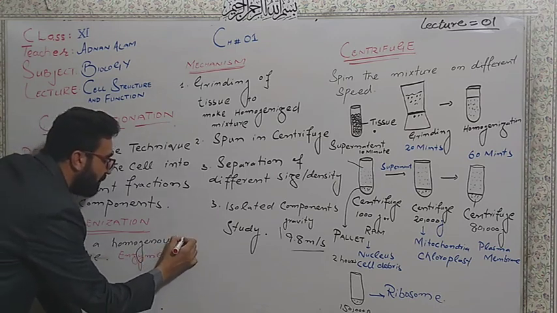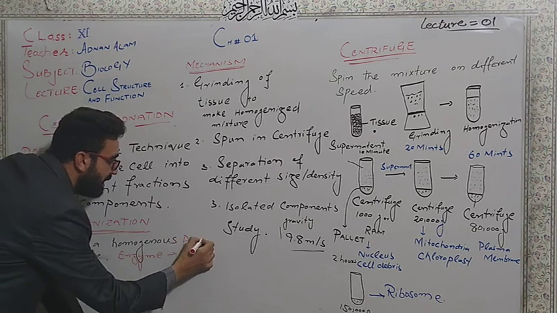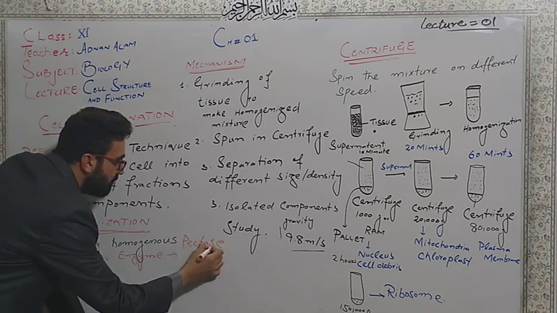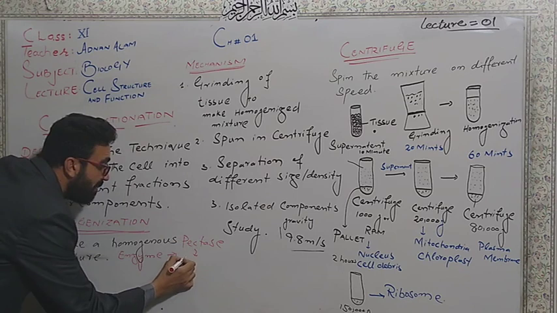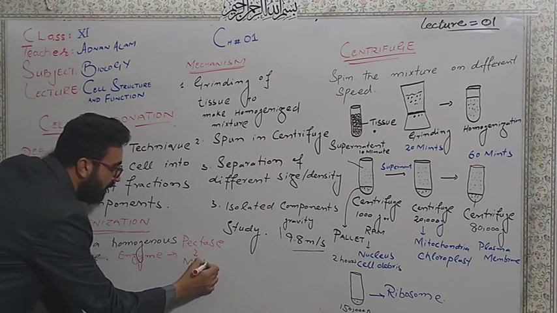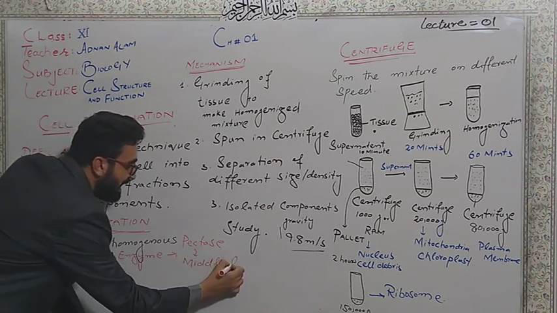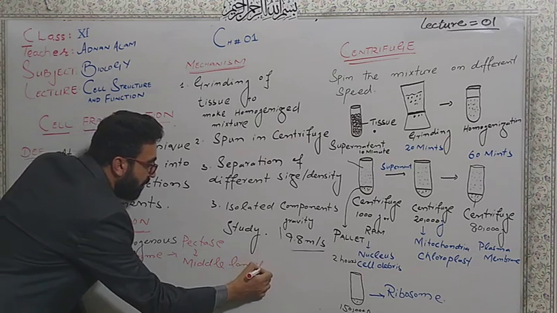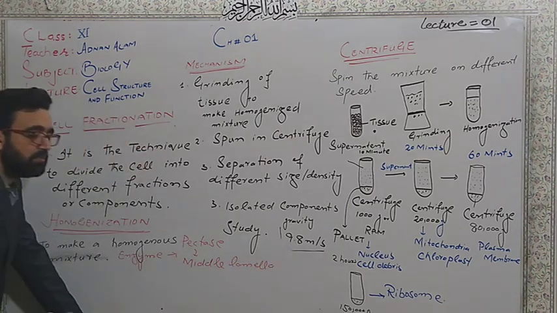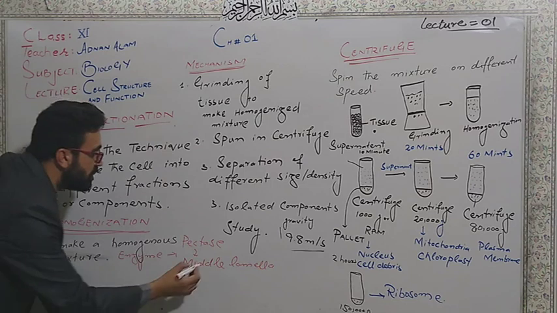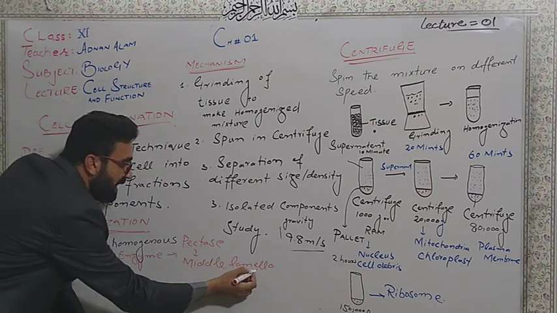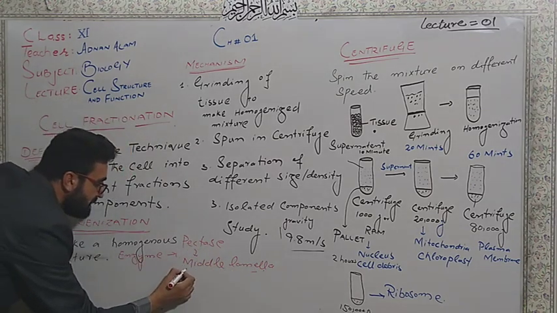Like we will apply pectinase, an enzyme which will break the middle lamella of the cell wall. The middle lamella of the cell wall is usually made up of calcium or magnesium pectate. So it will break the middle lamella.